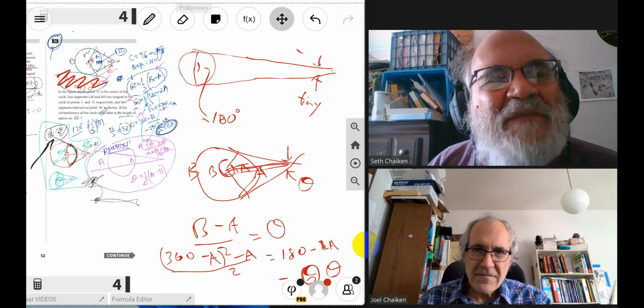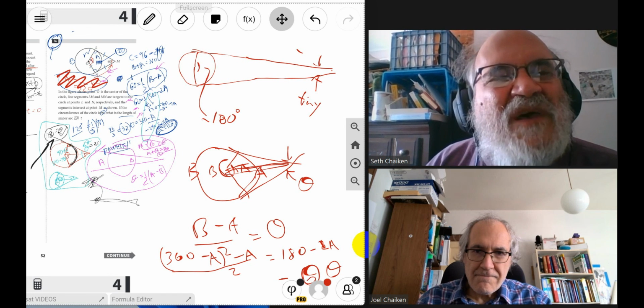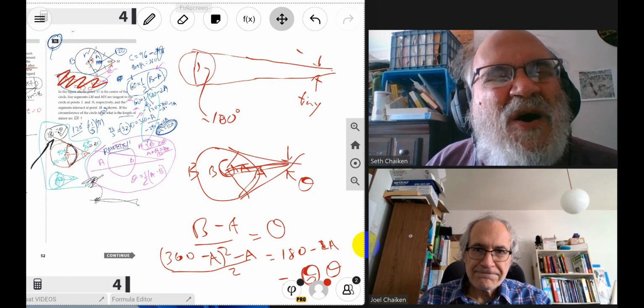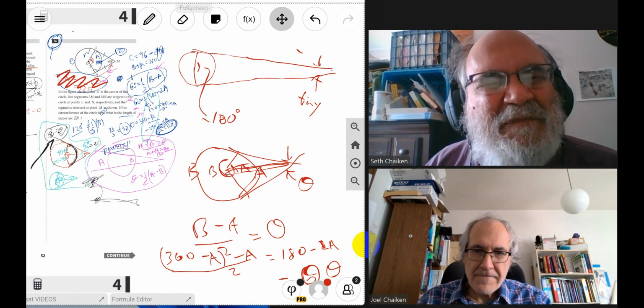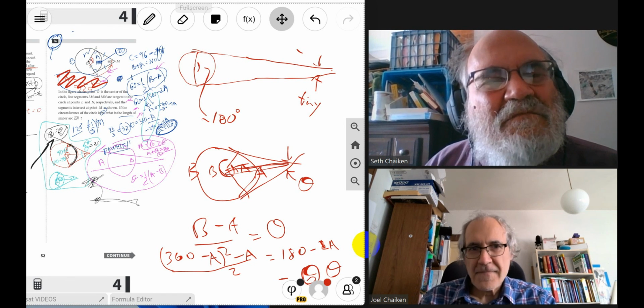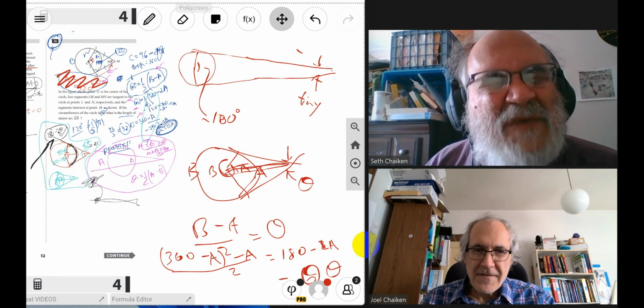Which we wrote here, the consequence. We demonstrated that from B minus A over 2 equals theta, but what we could do is use these congruent triangles to show that theta and A are supplementary, and from them being supplementary, we could derive that 360 minus A over 2 equals theta.